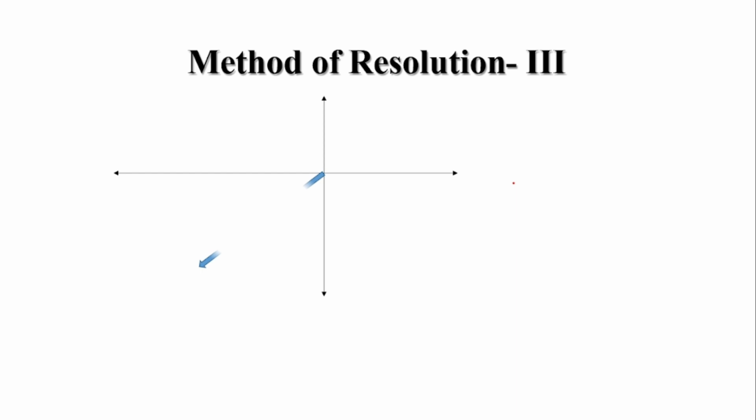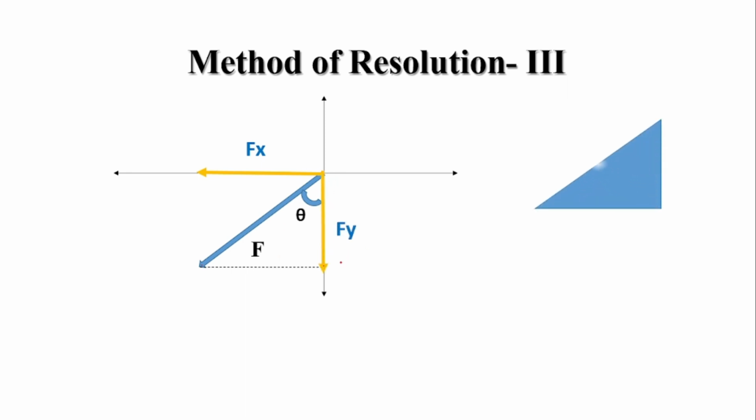Now in the third quadrant, we'll consider the second angle with the vertical axis. Now we'll draw a perpendicular from this point to the y-axis. So this is the required triangle. This is the value of fx and this is the value of fy. Now we'll plot the same triangle with this included angle theta, hypotenuse f, base fx, height fy and angle theta. Now we'll find the sine theta.